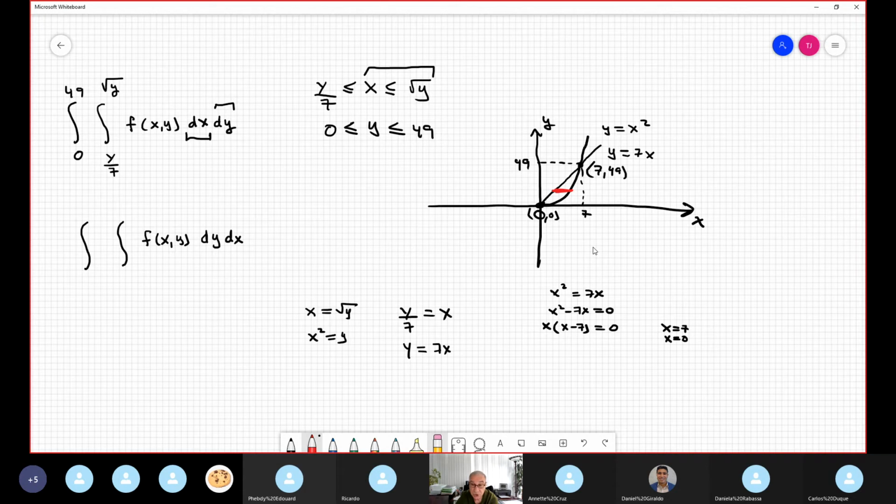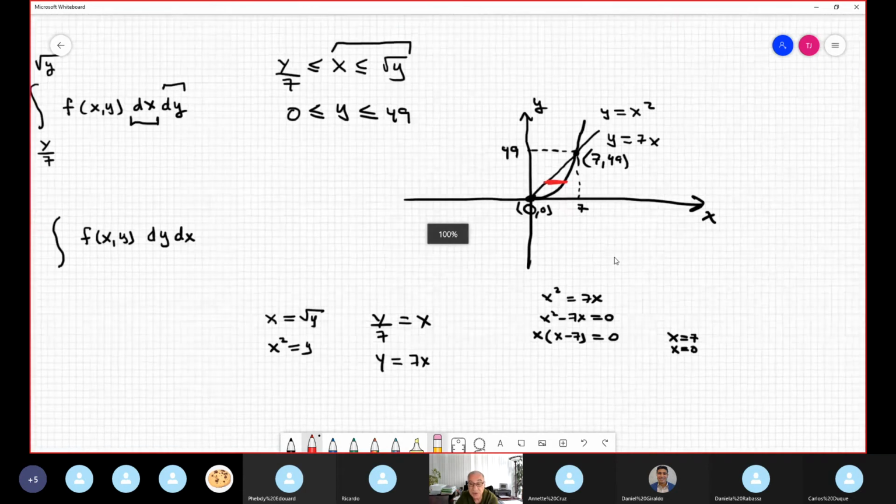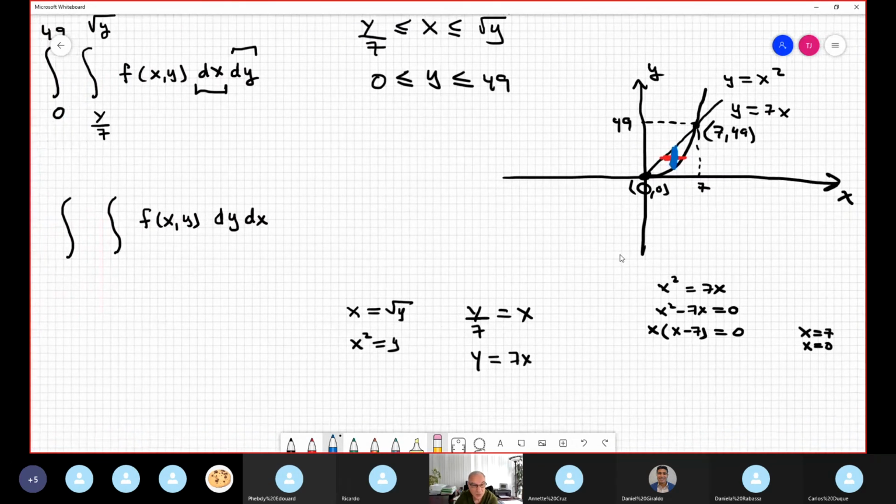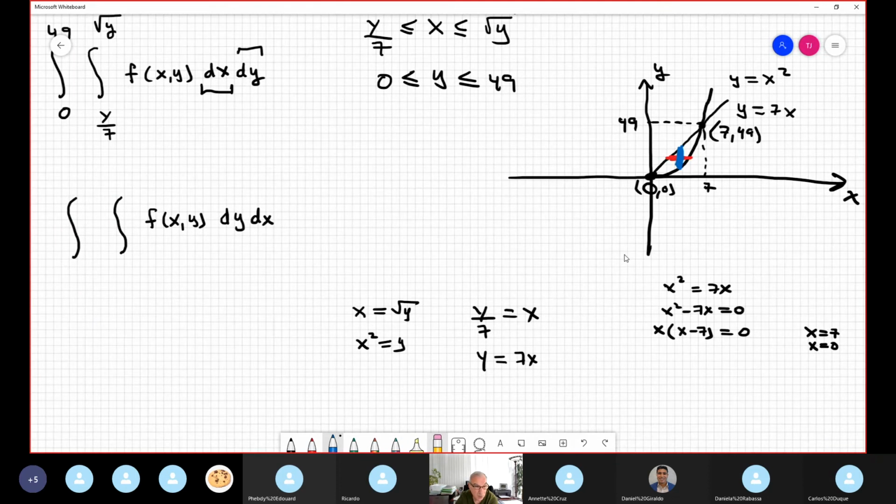So you change, and your direction of the integration is different. It's like that. And you go from the y value of the parabola, which is obviously x squared. Make sense, right? So this is the y of the parabola and the y of the line, which is 7x. Wow, I like that. And when you open the window in that direction, x, which now is a constant, not a variable, goes from 0 to 7. End of the story.